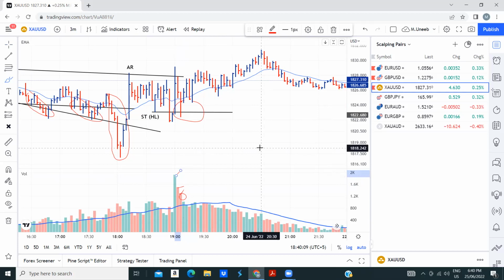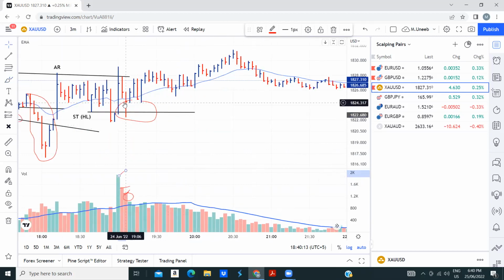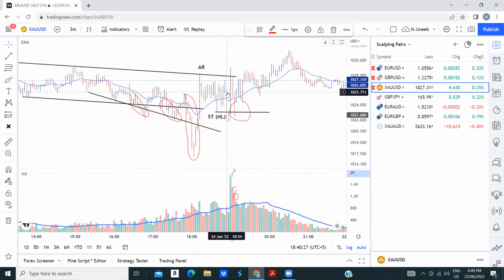Okay. And you see where the bar is closing, on the mid. Right? Okay. Yeah. And now we can take further trades. Got it? So you know the trades here.